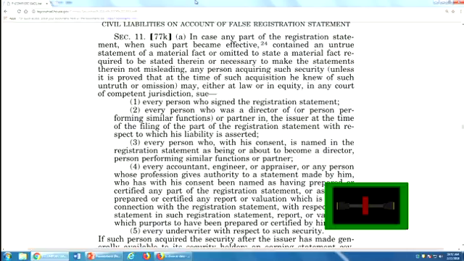Who thinks yes? Issuers, like underwriters, can rely on experts for the expertise portions of a registration statement. Who thinks no? Right, why? No due diligence defense for issuers, right? No defenses whatsoever, basically, for issuers.